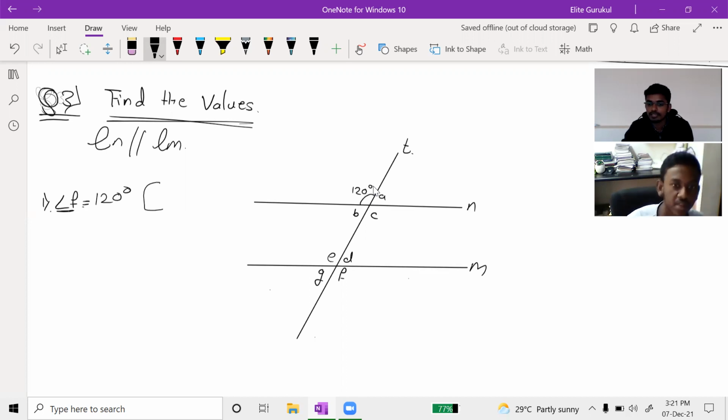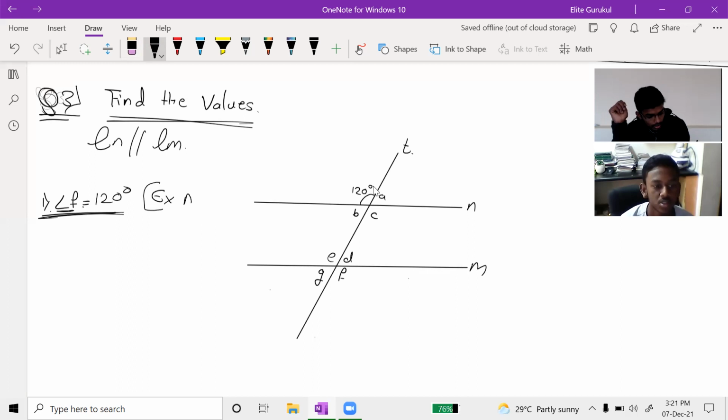We should even give the name, I mean the property, how angle F is equal to 120 degree. Which property do we use? We use the alternate exterior angles property.